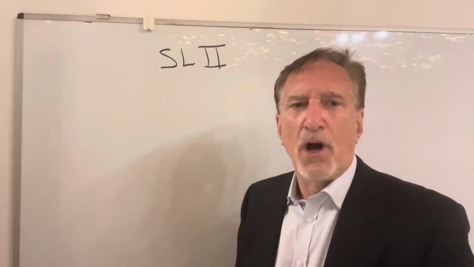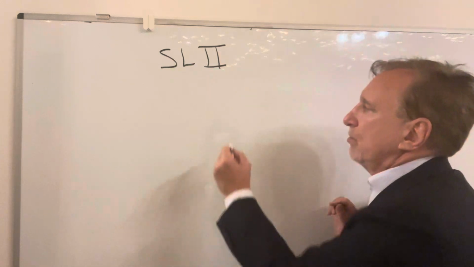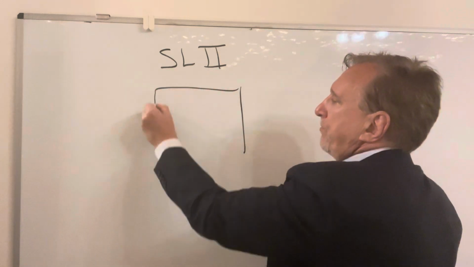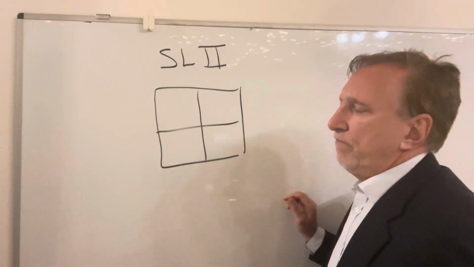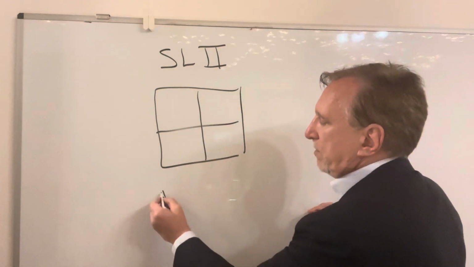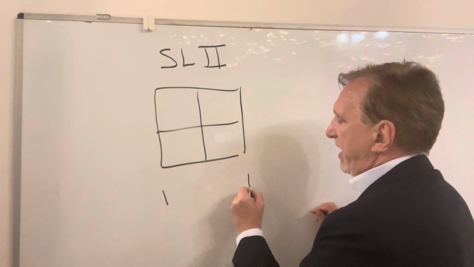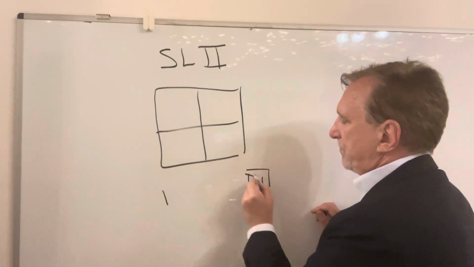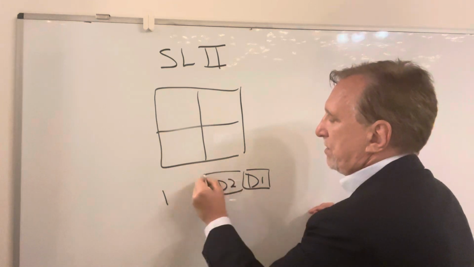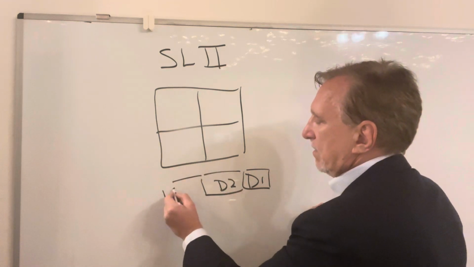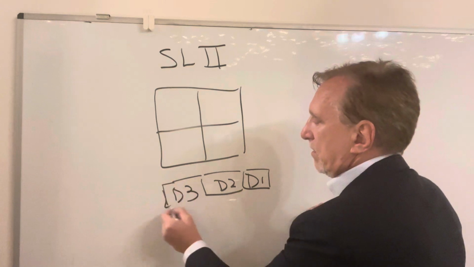All right, I'm going to draw a quadrant, a series of quadrants here. And I'll be going through this in another video as well. But I want you to think of, I talked about this yesterday, there's this scale where a person goes from D1 to D2 to D3 to D4.